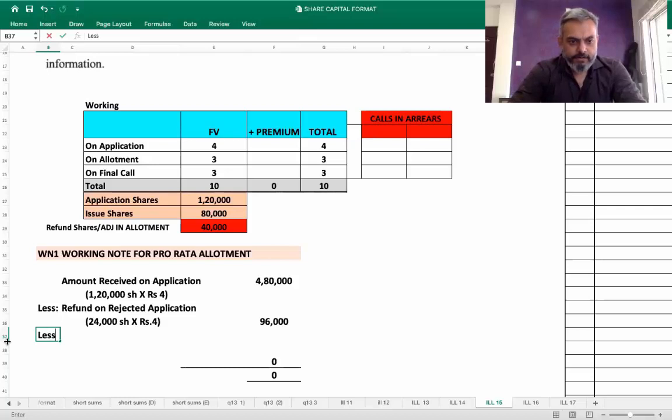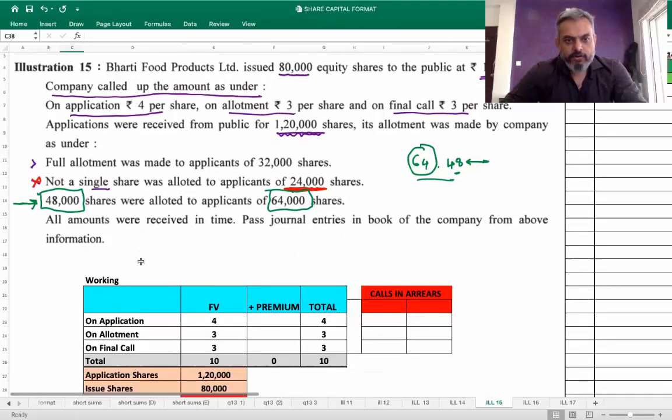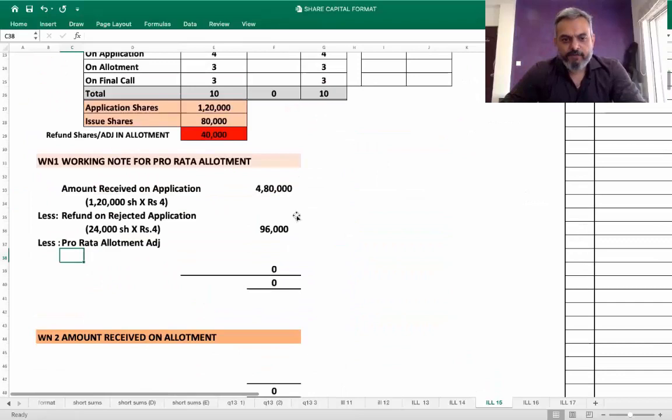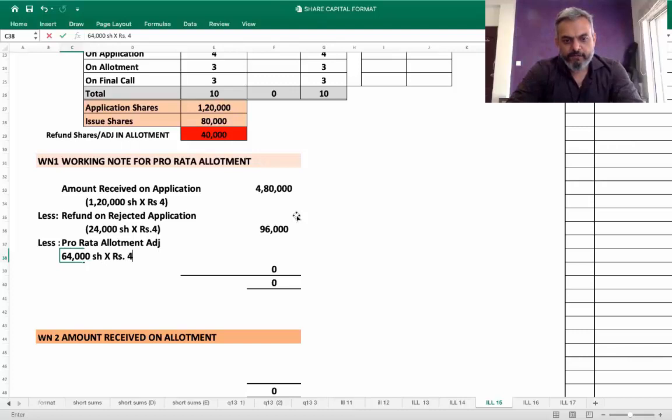Now let's do pro rata allotment amount adjusted. Now pro rata allotment जो है उसमें हमने कैसे pro rata allotment किया, तो those who applied for 64,000 shares. So 64,000 shares into rupees 4 per share is what we received.